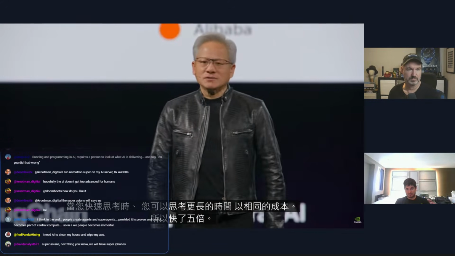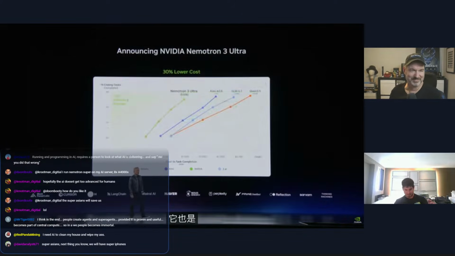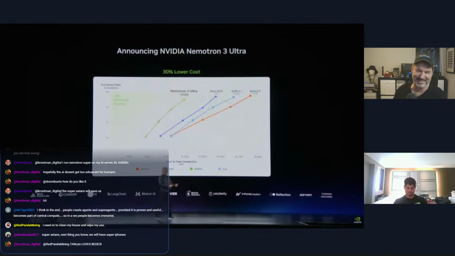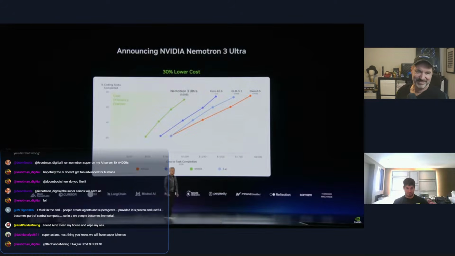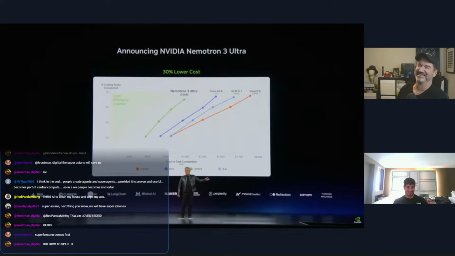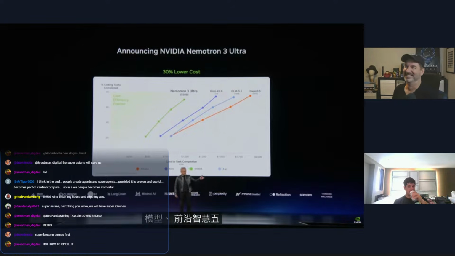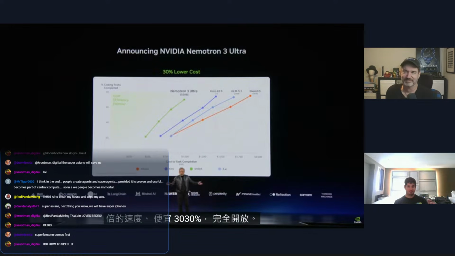It is also 30% cheaper, 30% lower cost to run in total flops and total inference time than even the most cost-effective open models in the world. We're comparing against the world's best open models. Frontier smart, 5 times faster, 30% cheaper, completely open. We're completely dedicated to this.